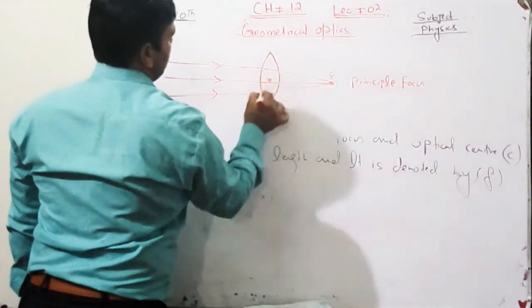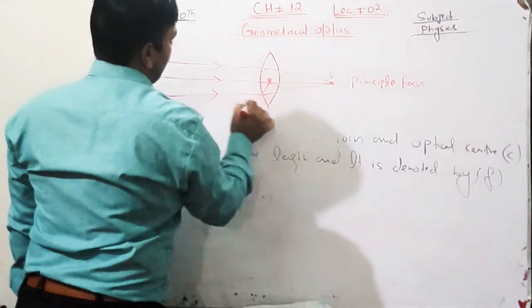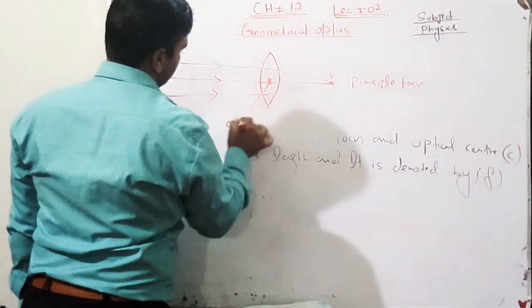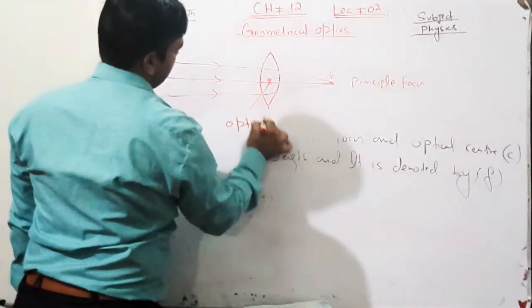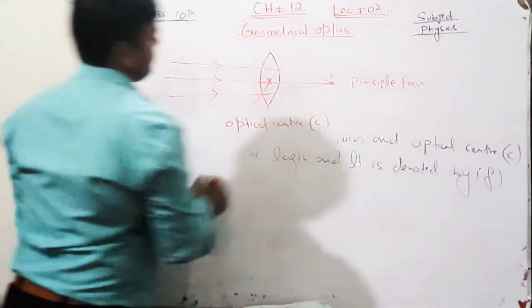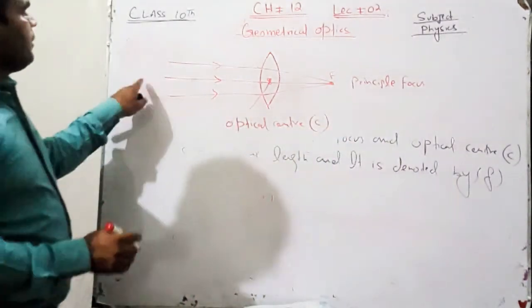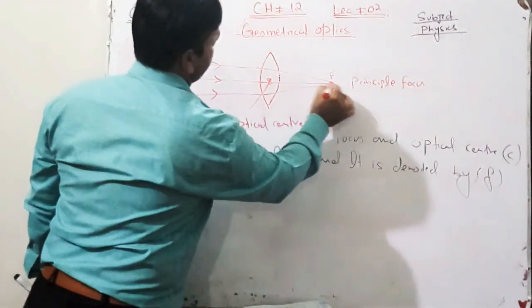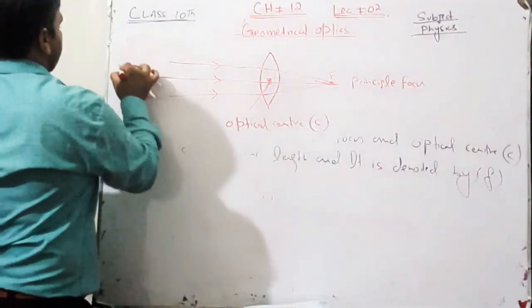The center of the lens is also called optical center. And that straight line which passes through the center is called principal axis.